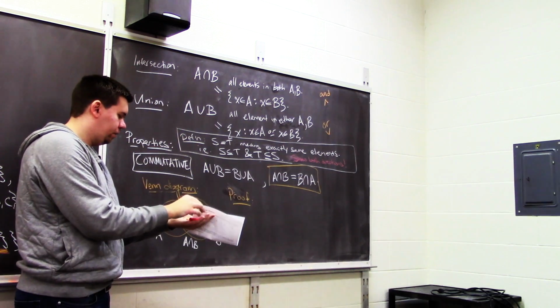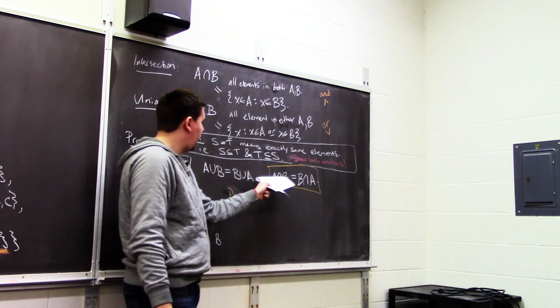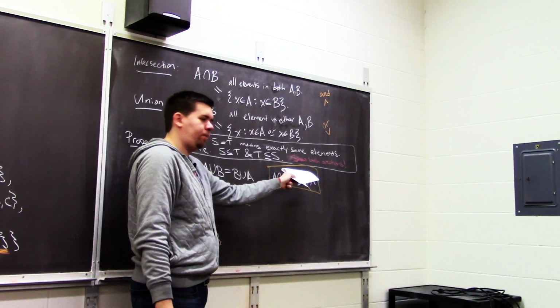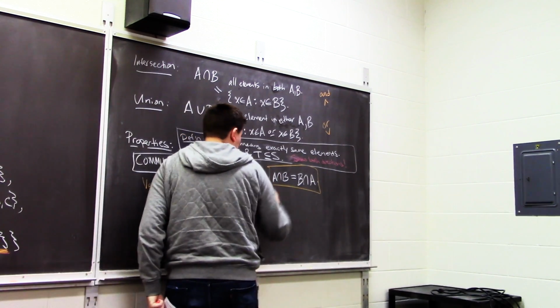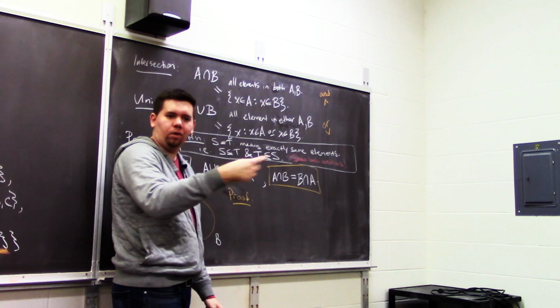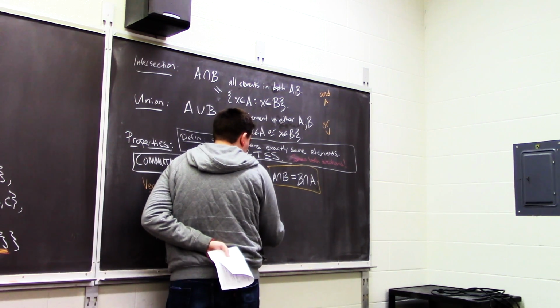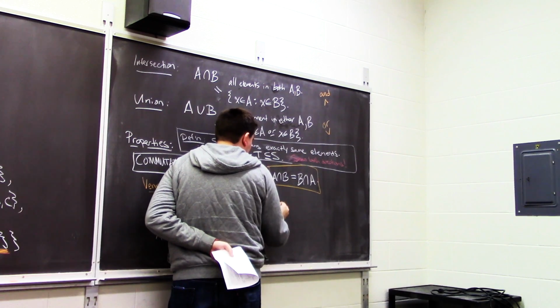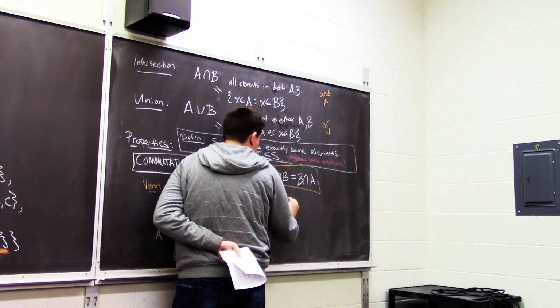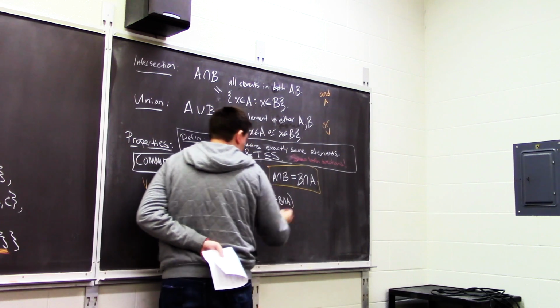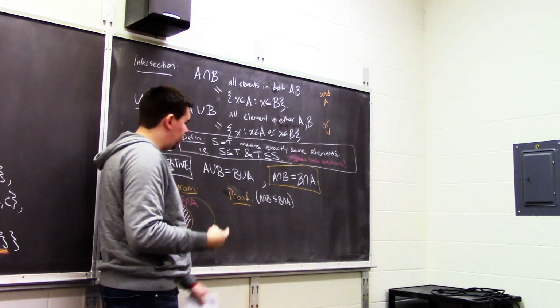So we can do that here. This is almost like when you have a biconditional, you have to go both directions. So first we want to show that A intersect B is a subset of B intersect A. So how would you prove that? Well, you think about it.